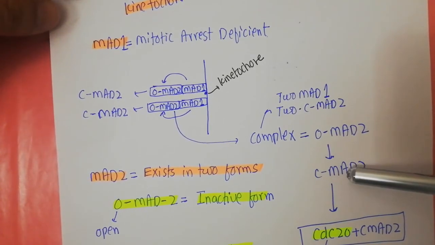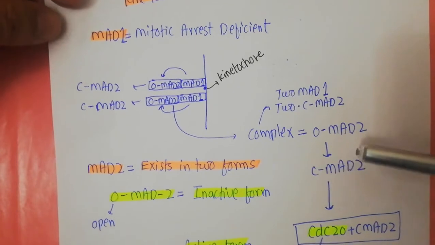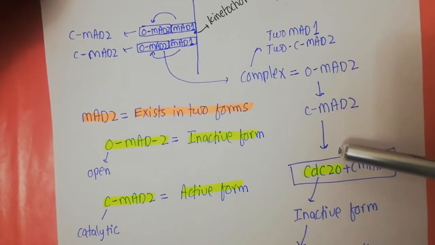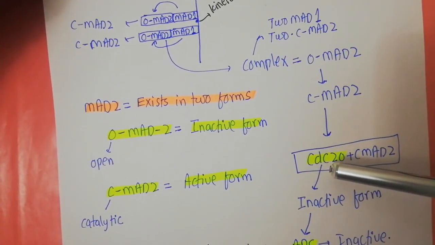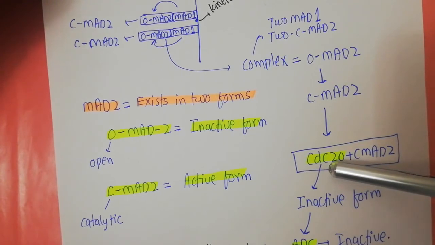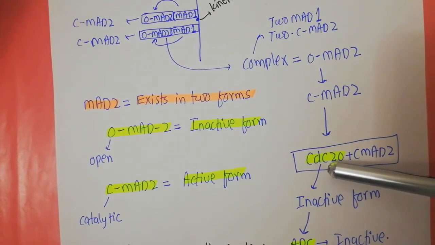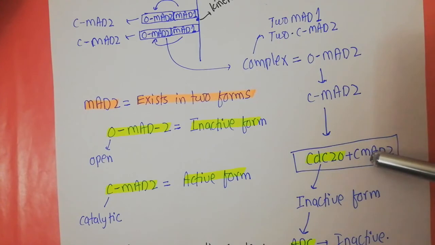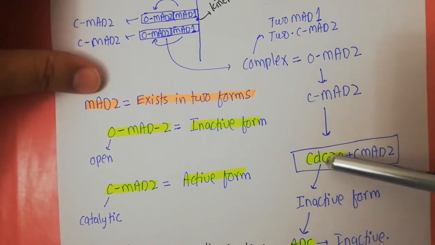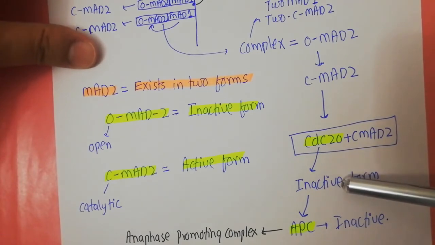Now how is this C-MAD2 going to achieve this? This C-MAD2 is going to interact with a particular protein known as the CDC20 protein. And this CDC20 protein is very important if you want to move from the metaphase into the anaphase of the cell cycle. When the C-MAD2 interacts with the CDC20, the CDC20 is in the inactive form.